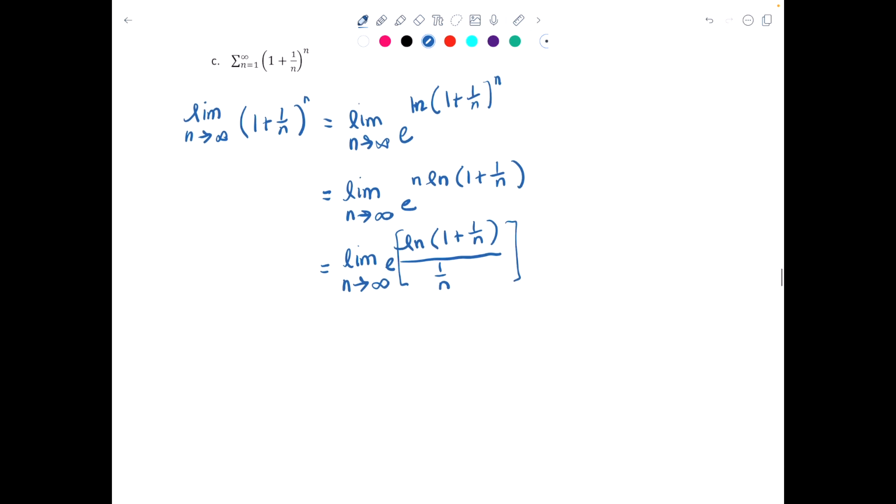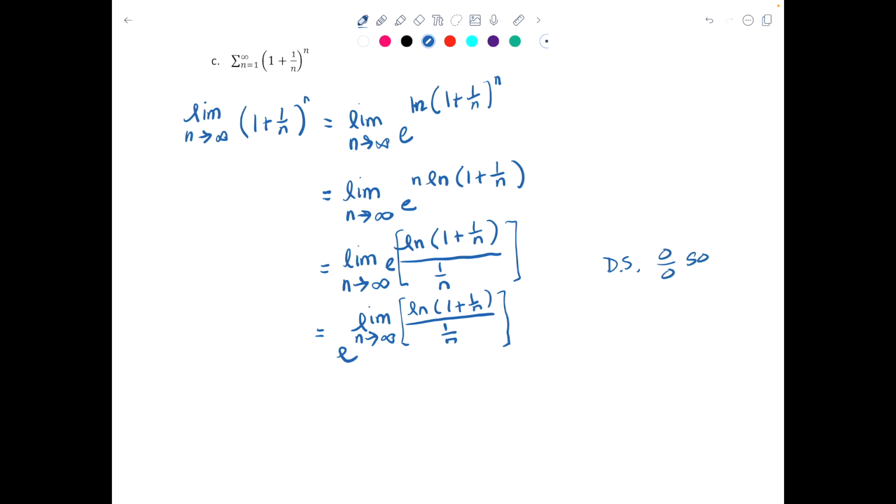And now let's take that limit inside there. So this is going to be e raised to the limit as n approaches infinity of all this stuff, okay? So we'll have our natural log of 1 plus 1 over n over 1 over n. And this is a result where if we directly substituted, we would get 0 over 0.